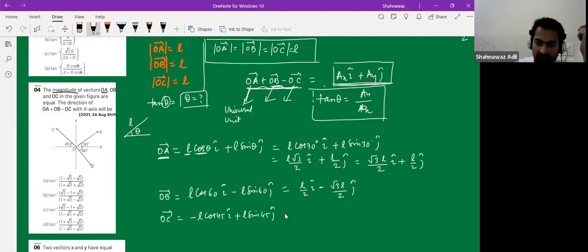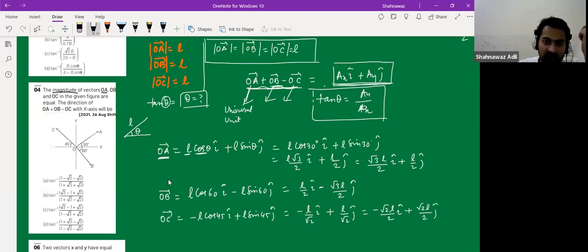This would be L by root 2 I hat and L by root 2 J hat. We can rationalize this root 2, so this would be minus root 2 L by 2 I hat and root 2 L by 2 J hat, right?